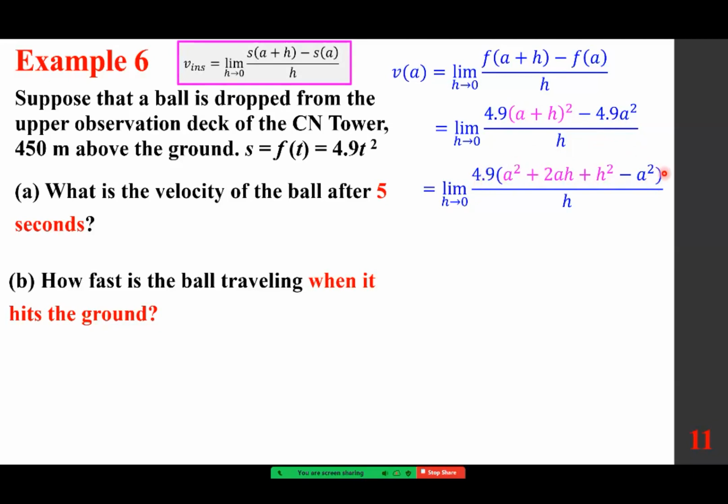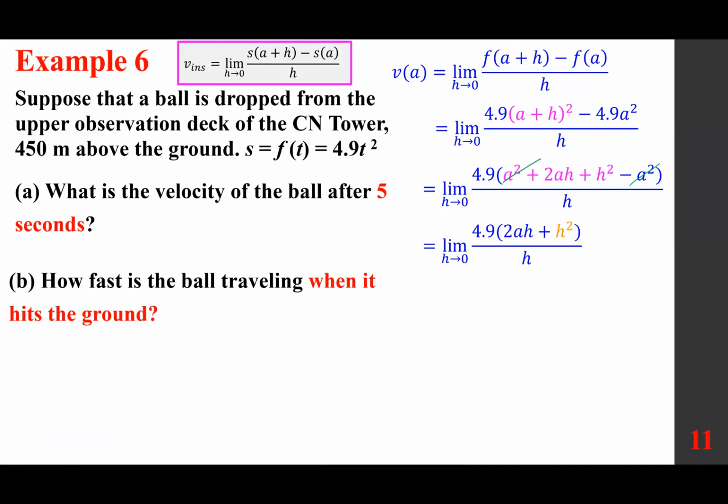And the reason we are taking 4.9 out is because now the factoring will give us a chance to get rid of a squared and negative a squared. So in the numerator, we have 4.9 times 2ah plus h squared. And we notice this has h, this has h squared. We can take the h out.